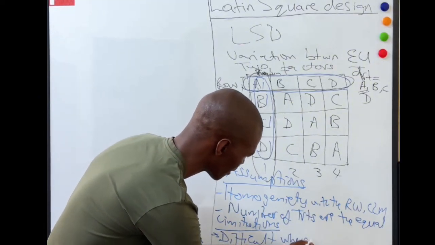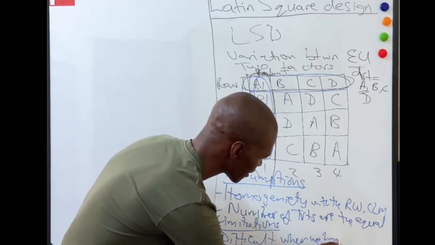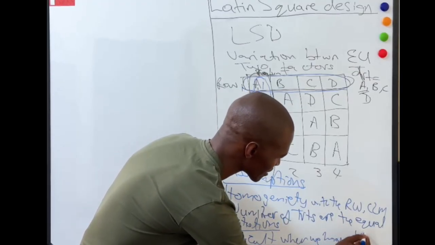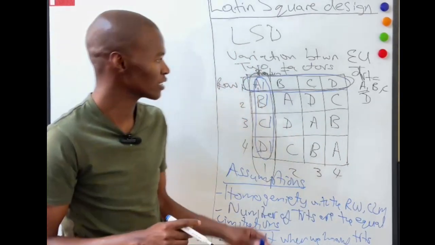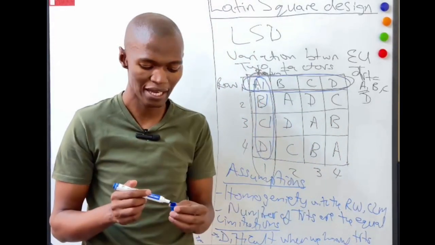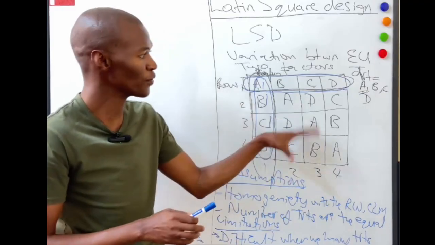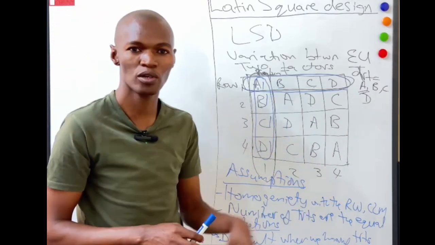Once we have many treatments, it's always difficult to put together the layout of the Latin square design. But if we have few treatments, it will be easy to place those treatments.